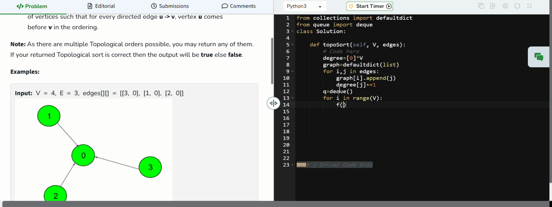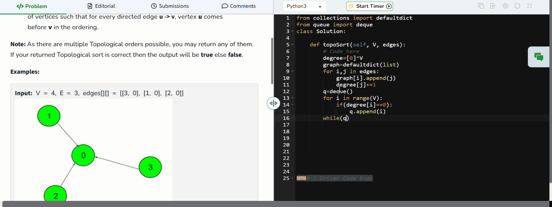So if degree[i] equals 0, then q.append(i). And while q, node equals q.popleft().